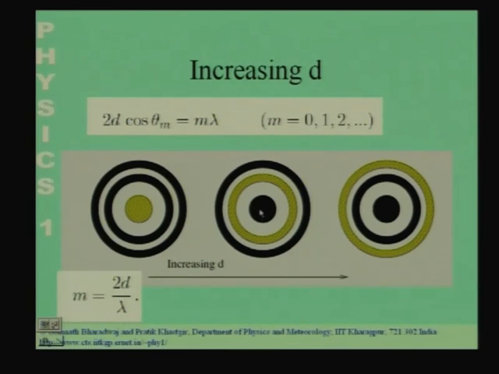The central fringe, when you increase d, is now of one order higher, and the fringe which was at the center earlier has now moved to a larger angle. If you increase the distance even further, the fringe will move out to even larger angles, and finally, it will move out of the field of view, and new fringes have appeared in the center. Fringes of higher order have appeared at the center.